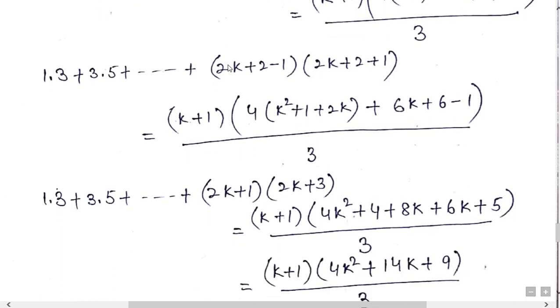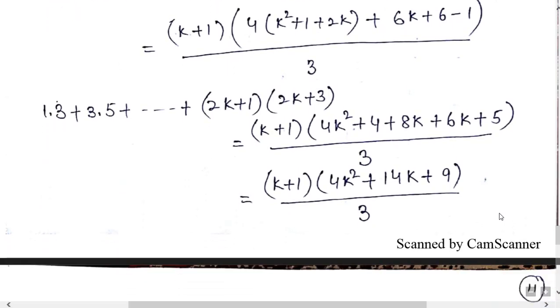And in the next step, it will be 2k plus 1, 2k plus 3, then on the right hand side, k plus 1, 4k square, 4 into 1, 4, 4 into 2k, it's 8k, then 6k, 6 minus 1, then it is 5. Now the term is 4k square plus 14k plus 9 into k plus 1 divided by 3.